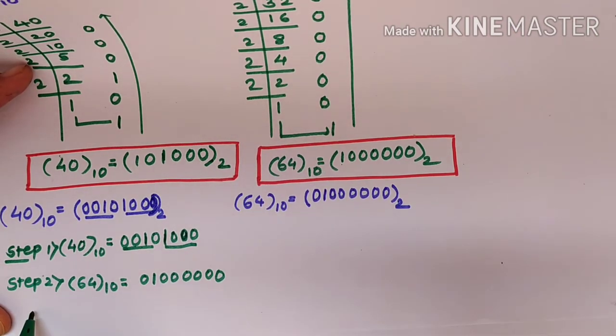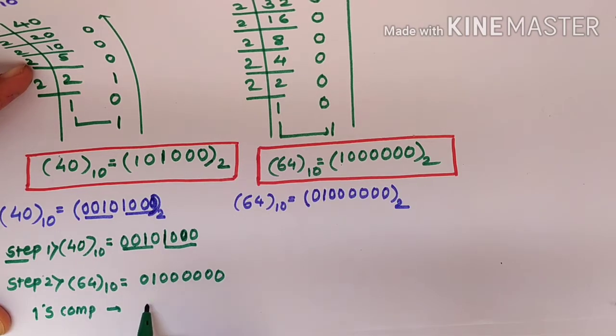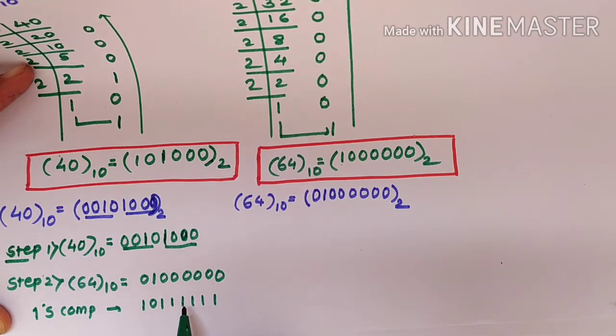So let's find the 1's complement, by replacing 0 with 1 and 1 with 0. We get 1 0 1 1 1 1 1 1. This is the 1's complement. To find the 2's complement, add 1 to this 1's complement.